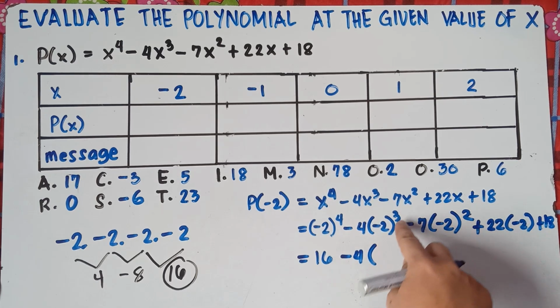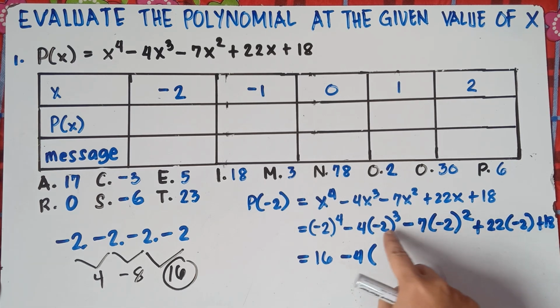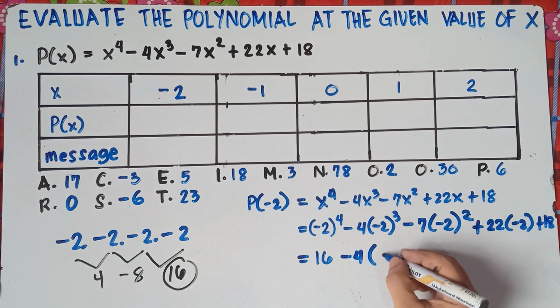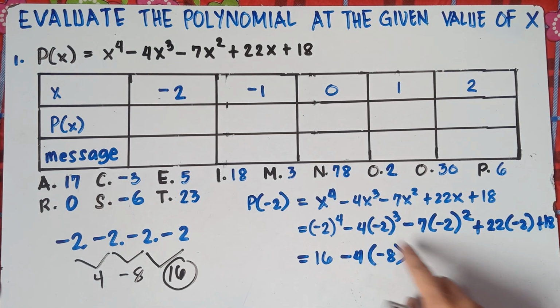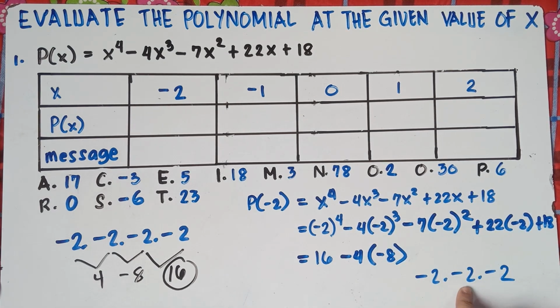Negative 2 raised to the power of 3 means negative 2 times negative 2 times negative 2. We answered that a while ago. Negative 2 times negative 2 is positive 4, times negative 2 is negative 8.